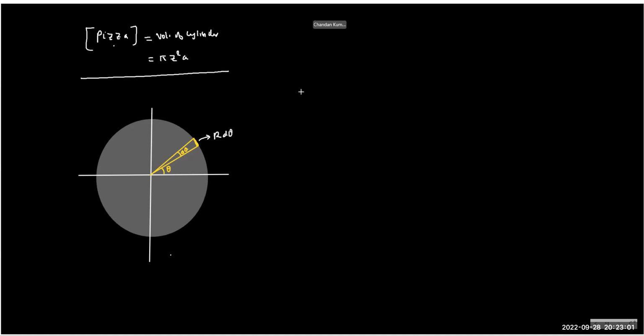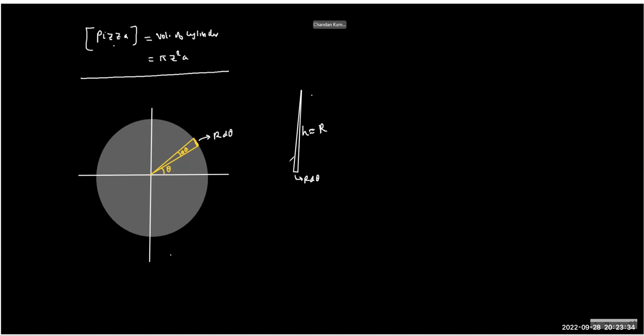So you can imagine the tiniest or thinnest possible triangle with base r d theta. So what is the height equal to? This height is roughly equal to how much? Come on, guys. r.